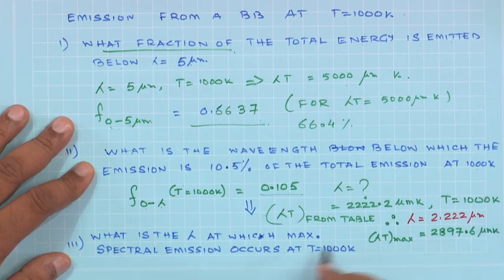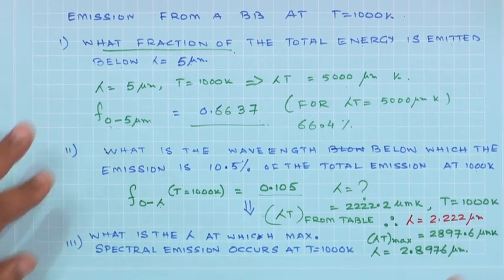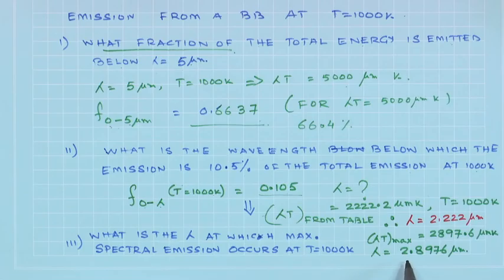So, for T equals 1000 Kelvin, this lambda would simply be equal to 2.8976 micron. So, therefore, the spectral maximum of emission from a blackbody at 1000 Kelvin will take place at a wavelength of 2.8 micron.